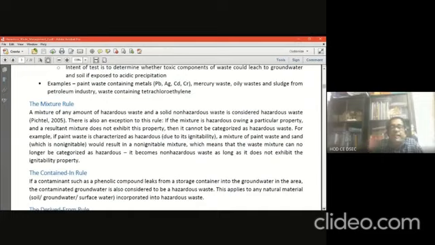That means if a hazardous waste is mixed with a solid non-hazardous waste, the mixture is considered hazardous waste, because the non-hazardous solid waste is mixed with the hazardous waste, so ultimately the mixture will become hazardous waste. There is also an exception to these rules. What is the exception?